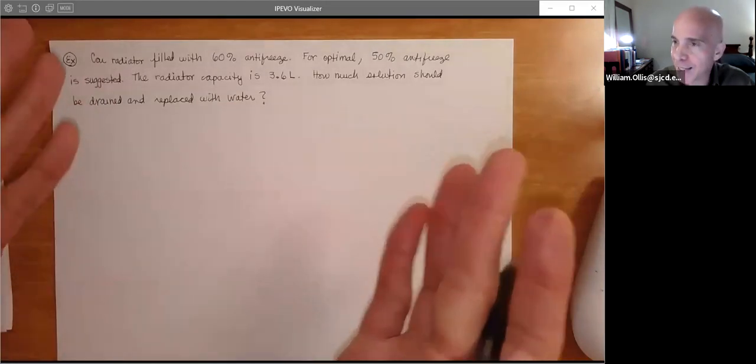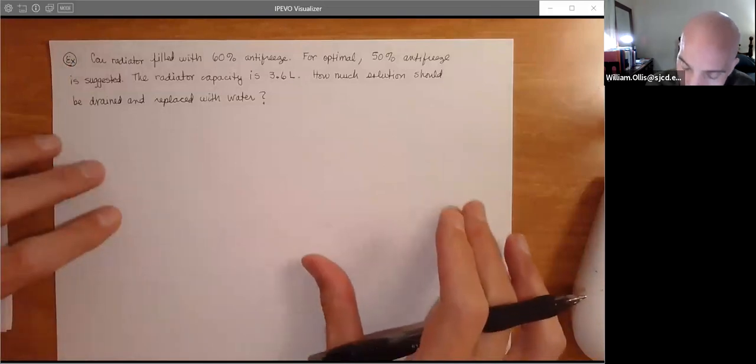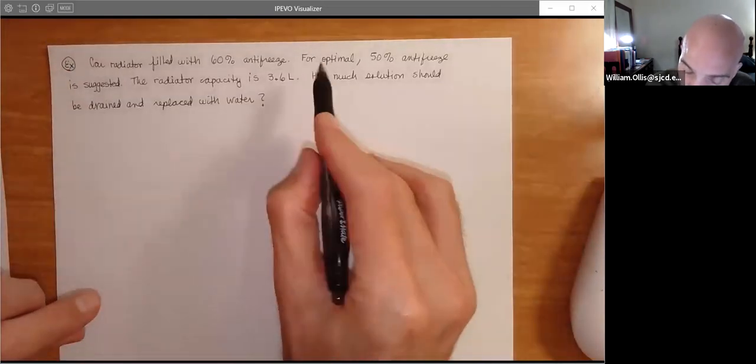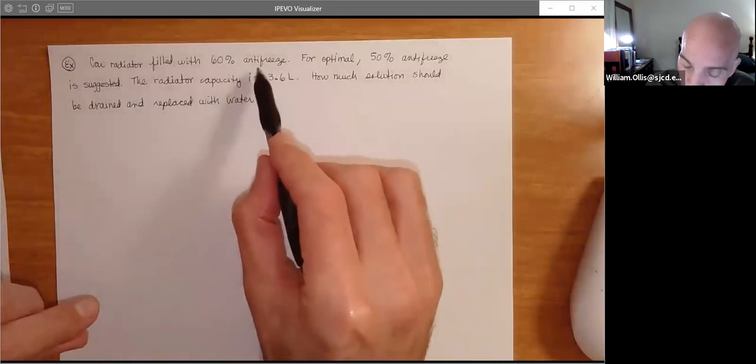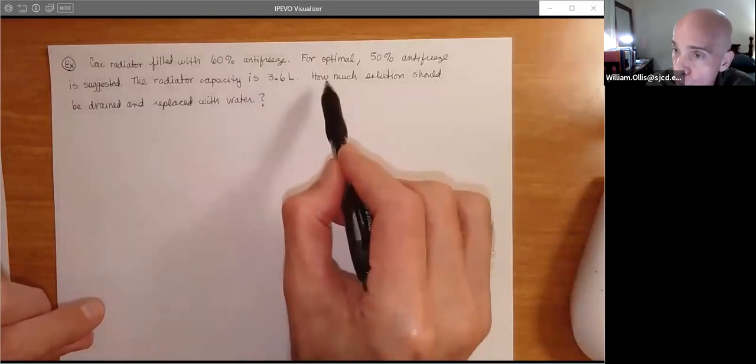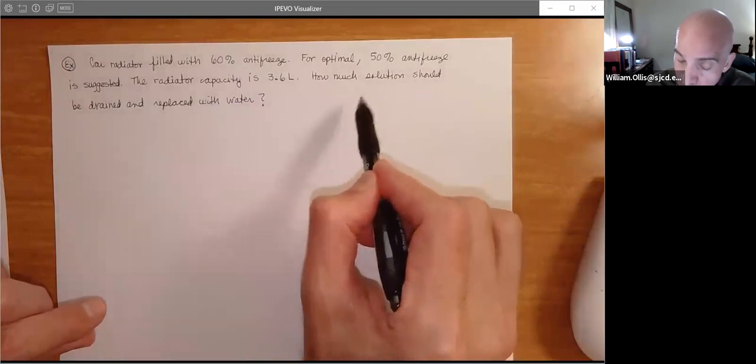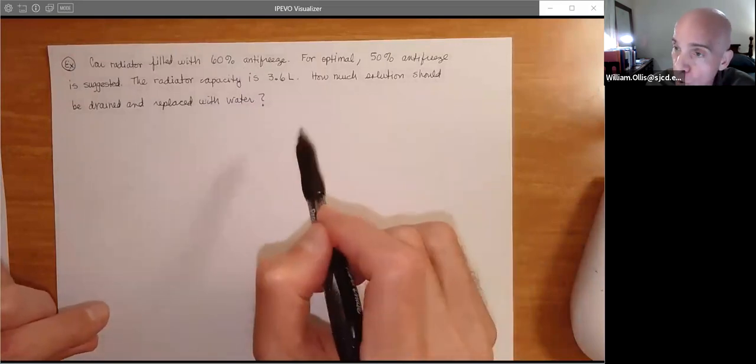So this again is a college algebra problem. When we look at this, we want to make the antifreeze solution more dilute because it's suggested that this is better for optimal cooling.